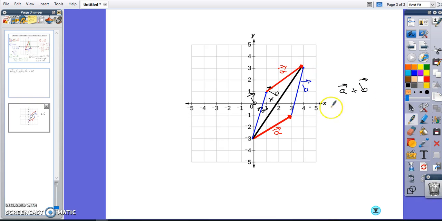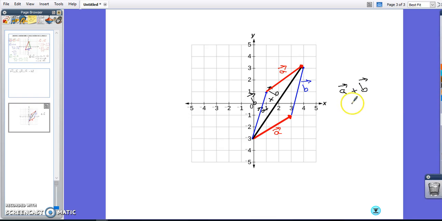So we can show here that in terms of vectors, vector a plus vector b is equal to vector b plus vector a, because we end up at the same end point. And this is a rule we've looked at before. It doesn't matter in which way you add vectors, it doesn't affect the end result. And in the same way, it doesn't affect the end result geometrically either, because the instructions of a plus b are the same as the instructions of b plus a.